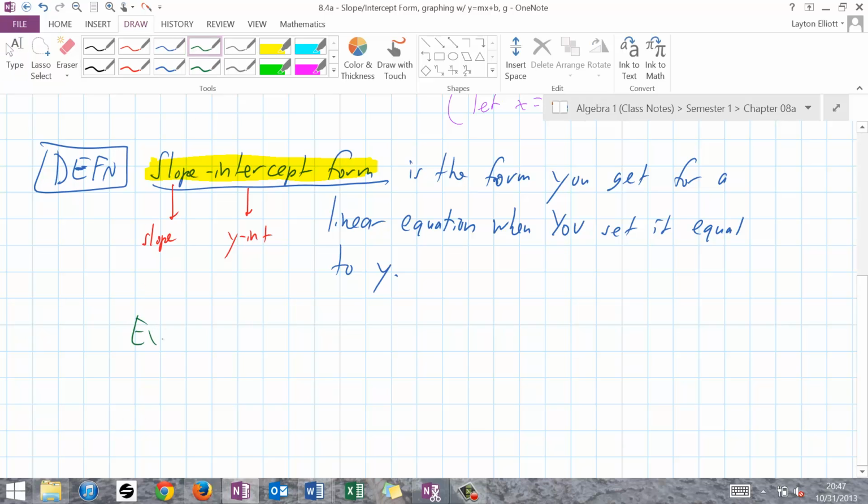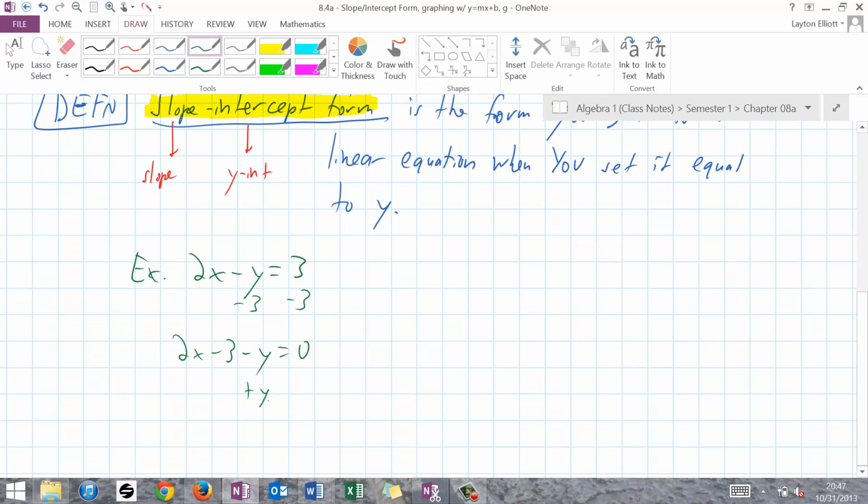One example would be if I have 2x minus y equals 3, and I want to set that equal to y. Well, all I have to do is subtract 3 from both sides, and I get 2x minus 3 minus y equals 0, and then add y to both sides, and now I have the y by itself. 2x minus 3 equals y. That is called slope-intercept form because it is set equal to y. The y is by itself.